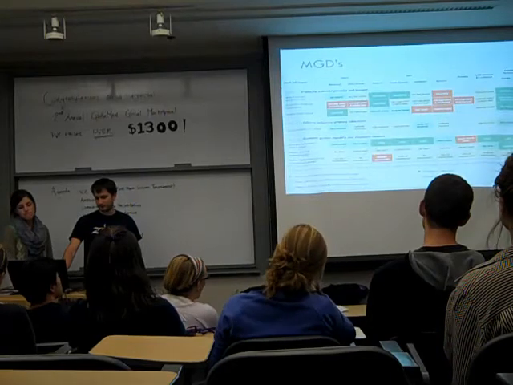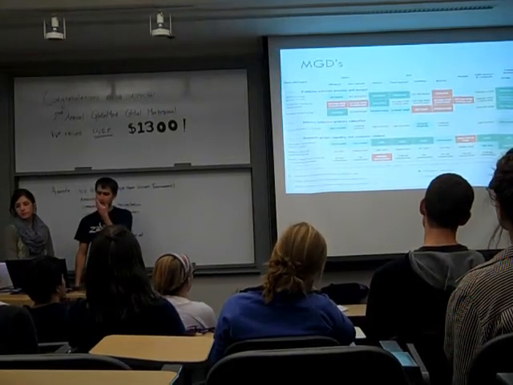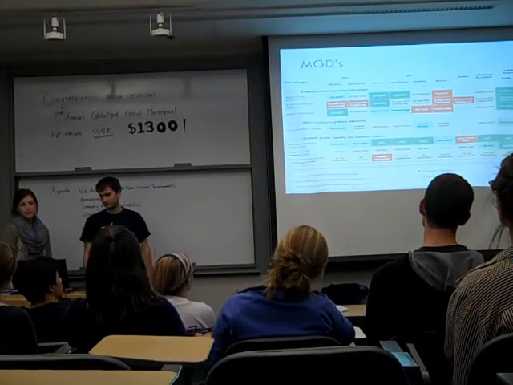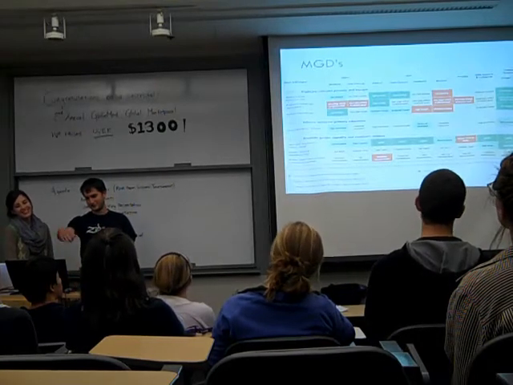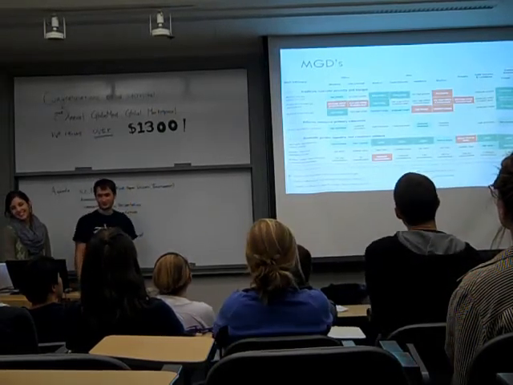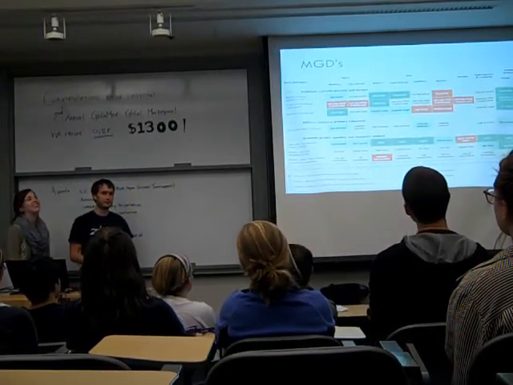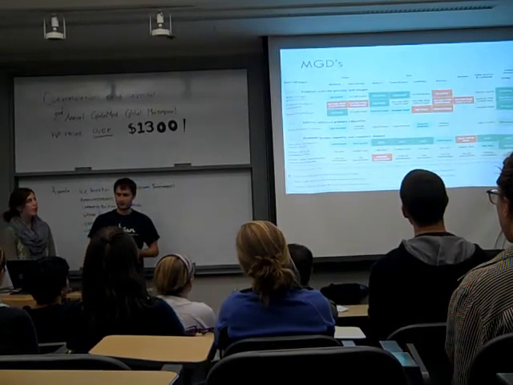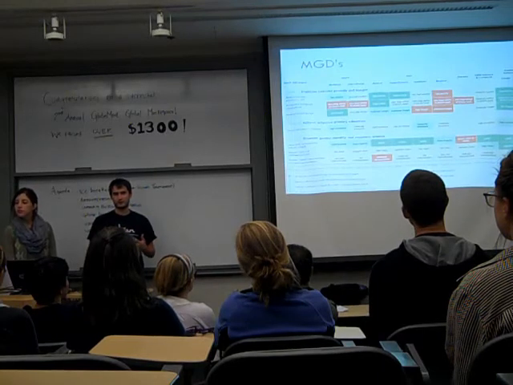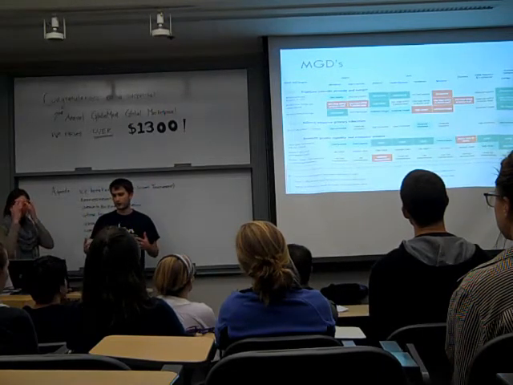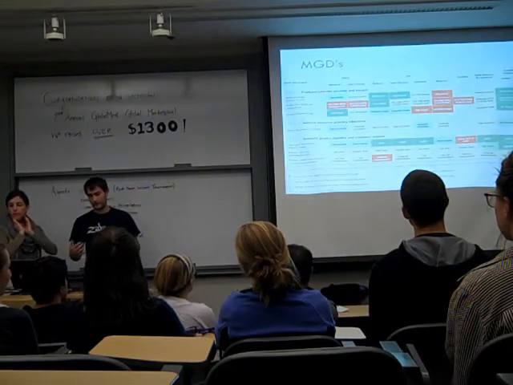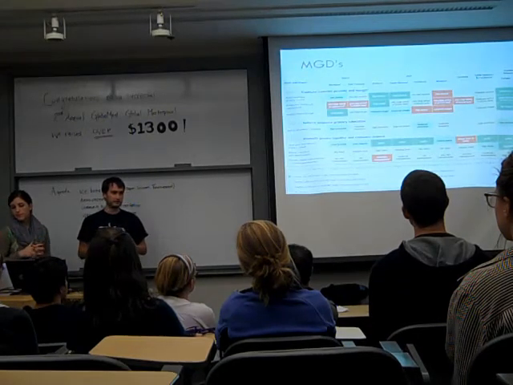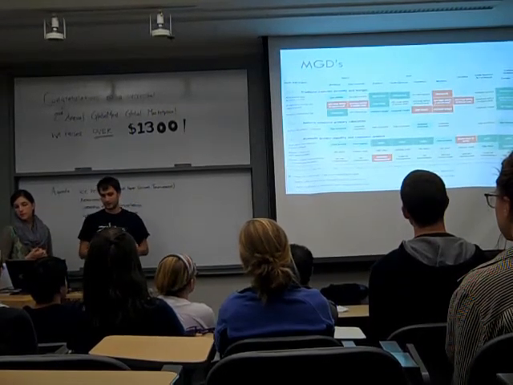The last thing I wanted to go over with you really quick is the Millennium Development Goals, the MDGs. There was a really big UN summit in New York in late September, where a lot of global leaders came together to discuss where we are as a world community on trying to get rid of some of these disparities.